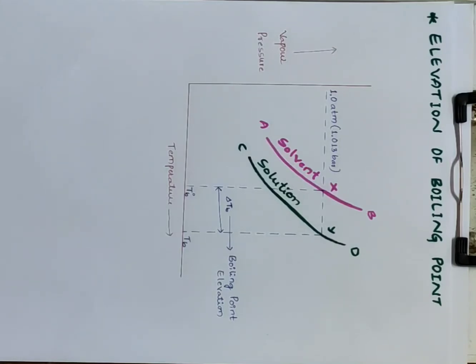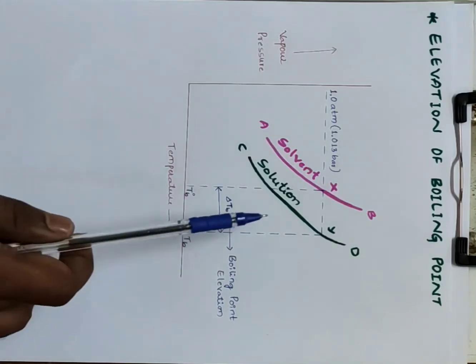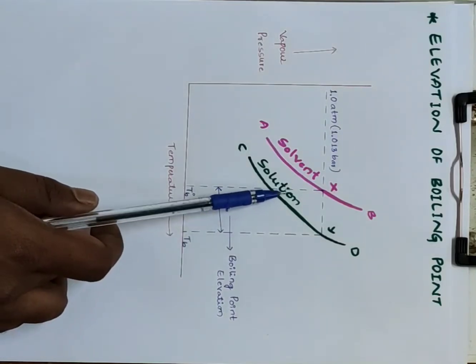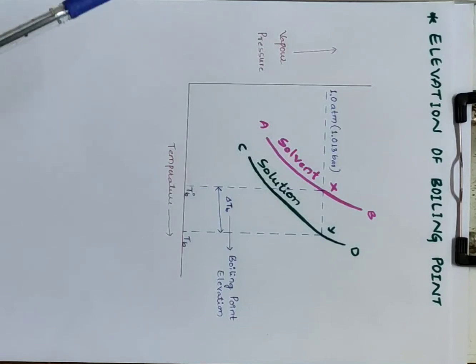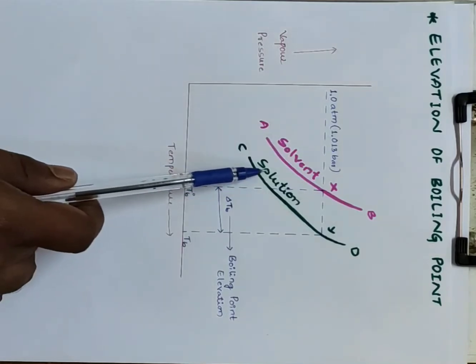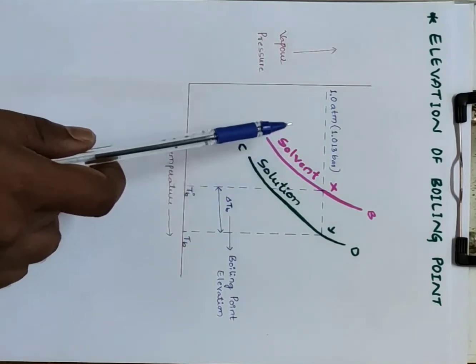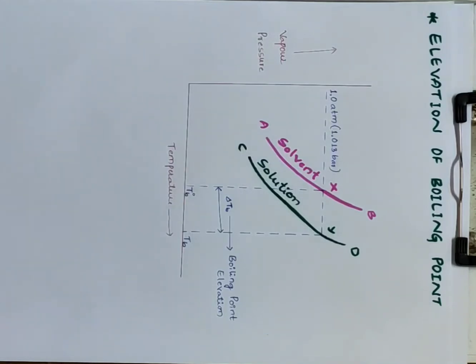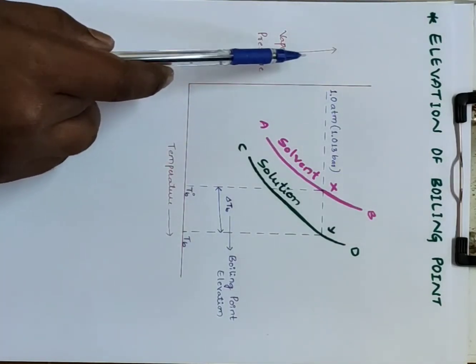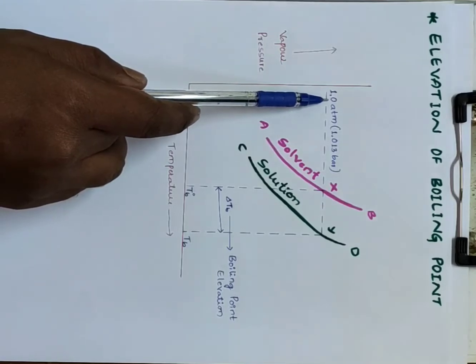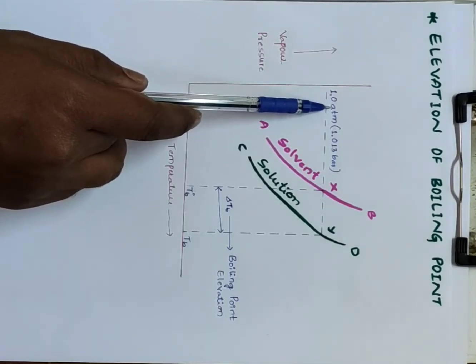The vapor pressure of a solution of a non-volatile solute in volatile solvent is always lower than that of the pure solvent.